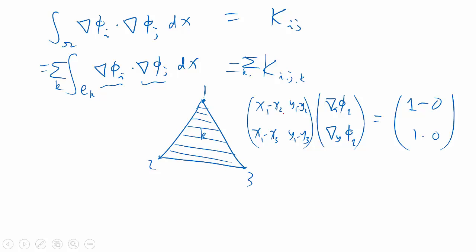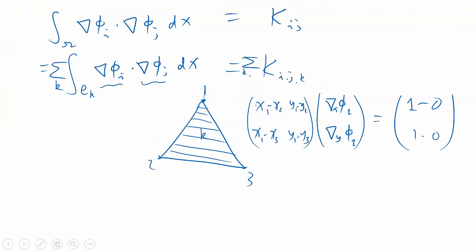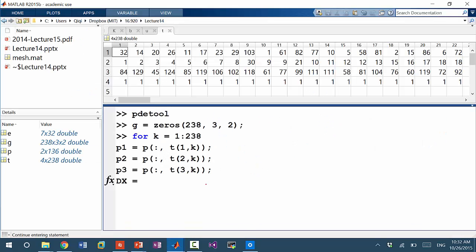Actually, let me compute this matrix first. So let's say I call the matrix dx. The dx is going to be P1 minus P2 and P1 minus P3.